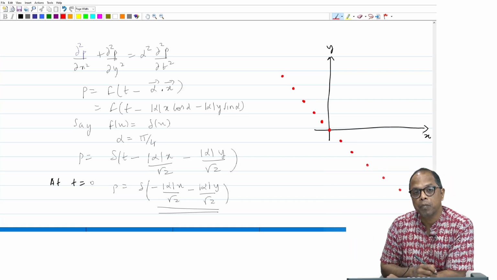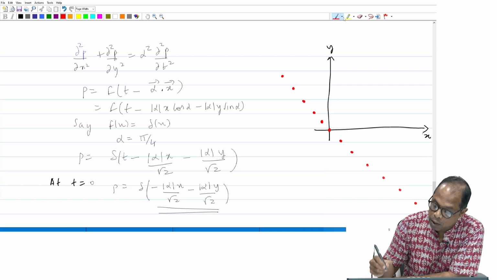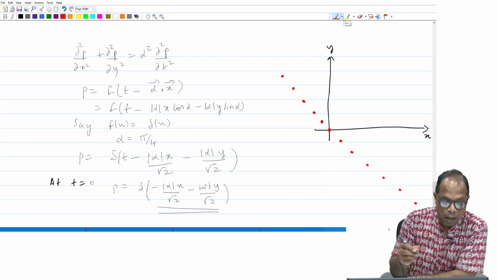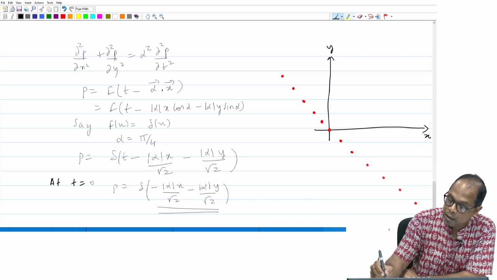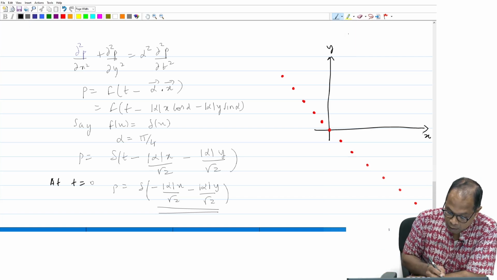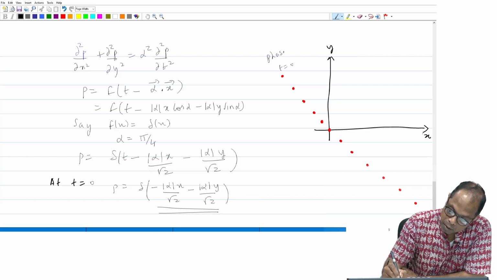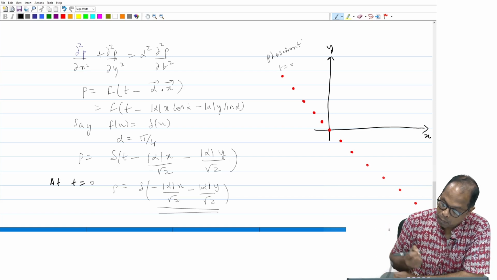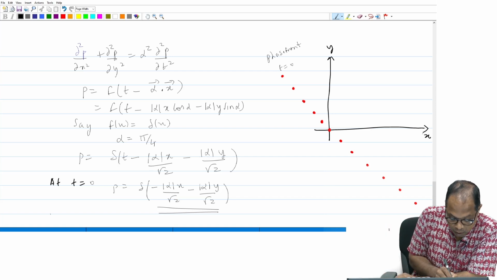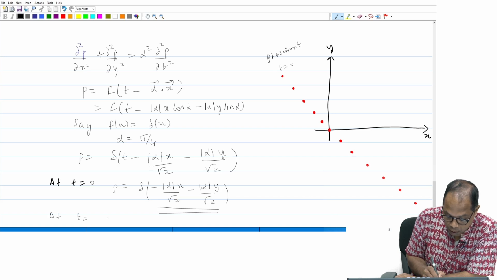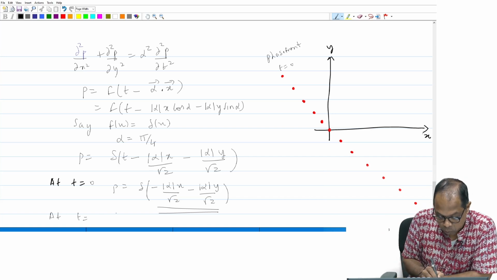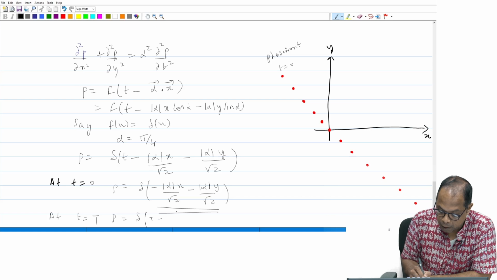So this is what it is at t equal to 0. So this one is this guy, t equal to 0 phase front. Now at t equal to some value capital T, let's say p equal to delta of T minus.